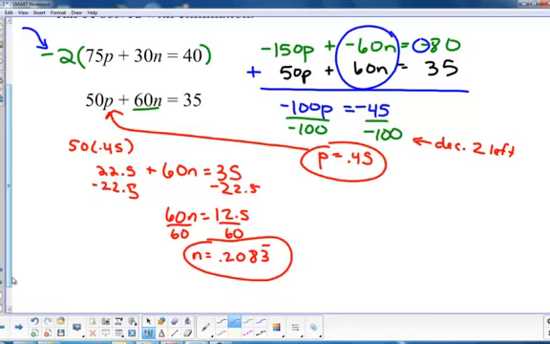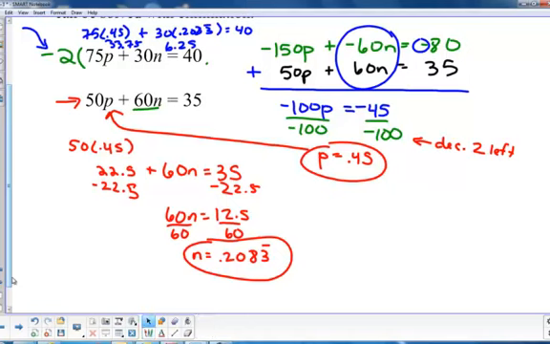Now this is some odd numbers, so I'm going to plug it in and make sure it works. I plugged it in to get the n to this equation, so I'm going to test this top equation, because those numbers are a little bit weird. So I'm going to put 0.45 in for P and 0.2083 repeating in for N. And 30 times 0.2083 repeating is 6.25. 75 times 0.45 is 33.75, so it does check out.